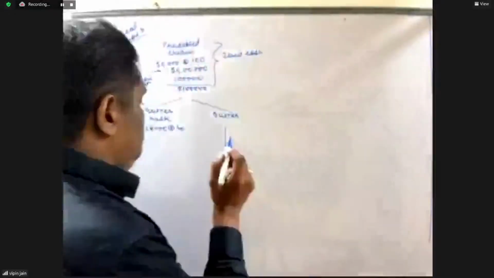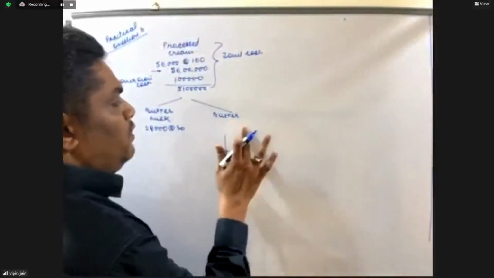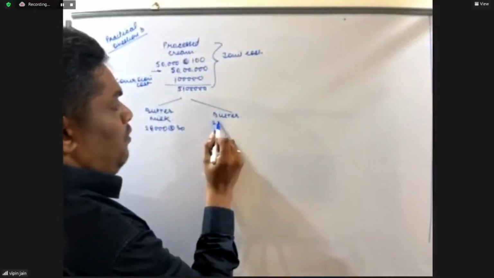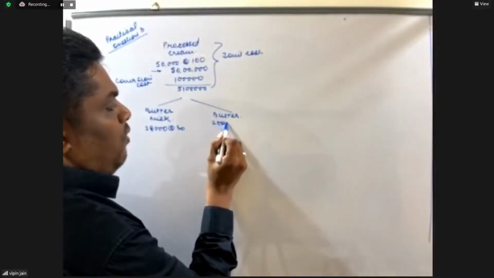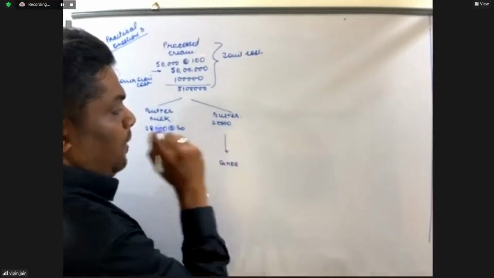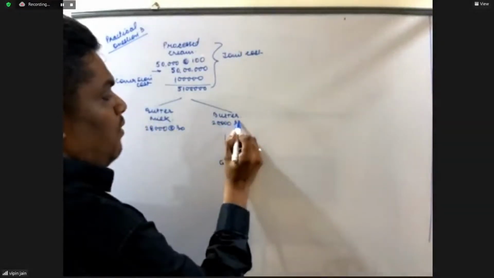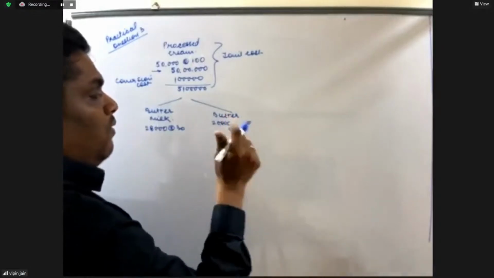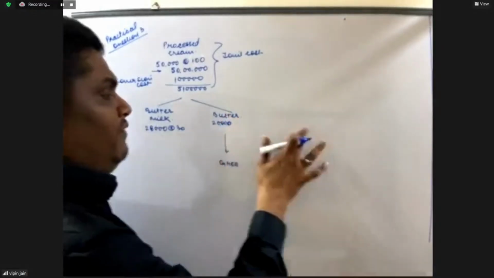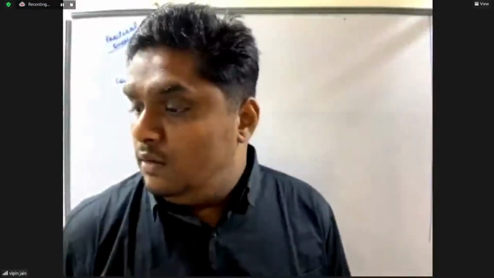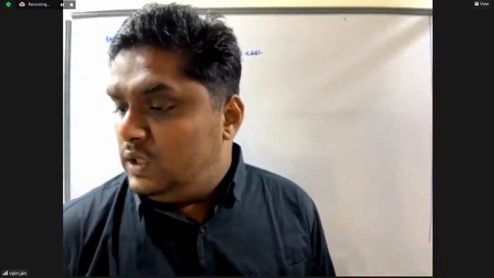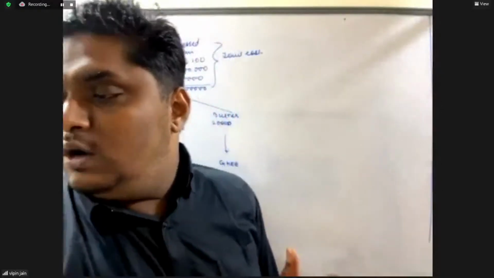Further, when talking about butter, we are getting 20,000 liters as an output.